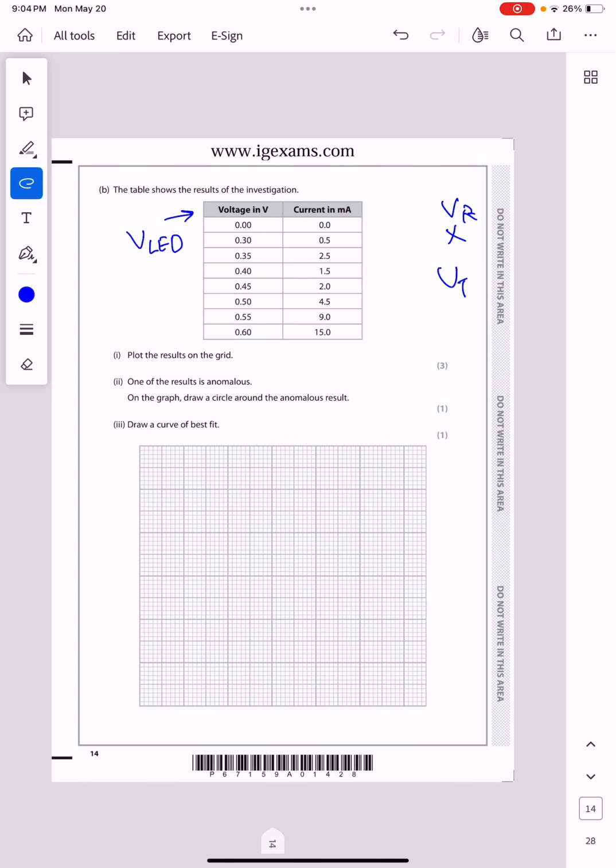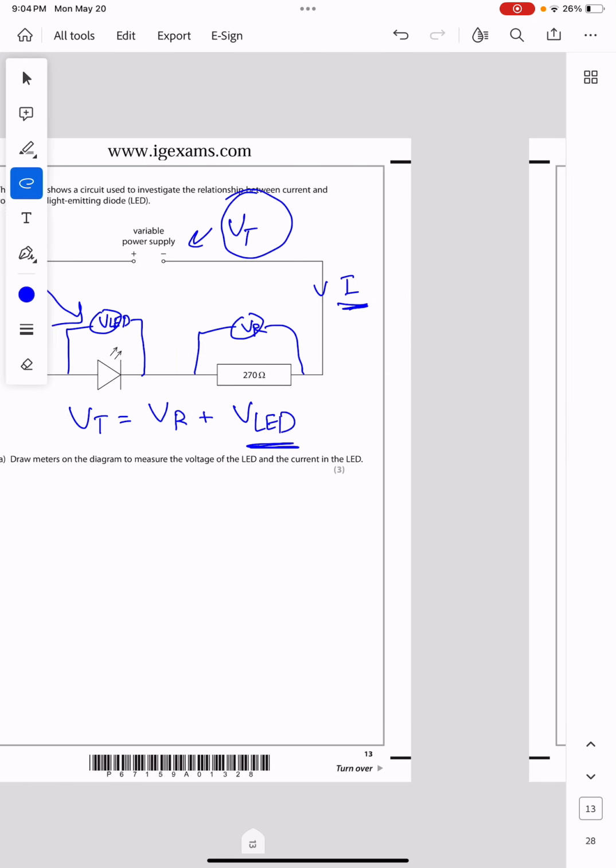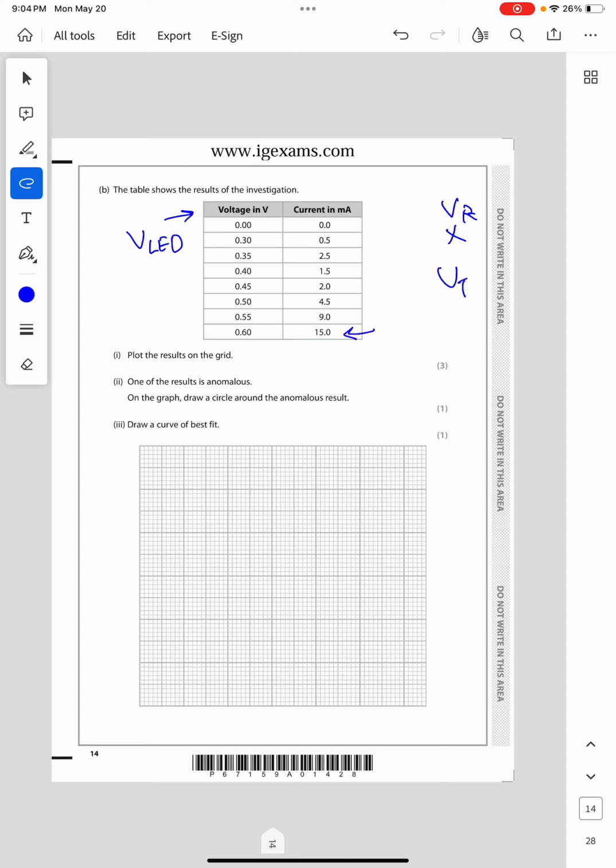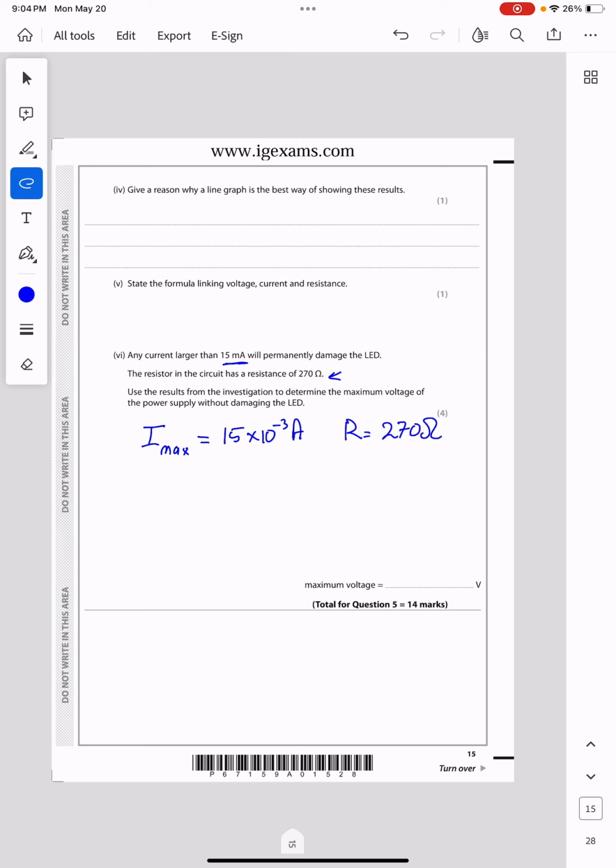From the investigation, they gave us one important piece of information, which is that this is the I max, which means that this is the V LED max. This is very important information. We know that for V LED max, it is 0.6 V.